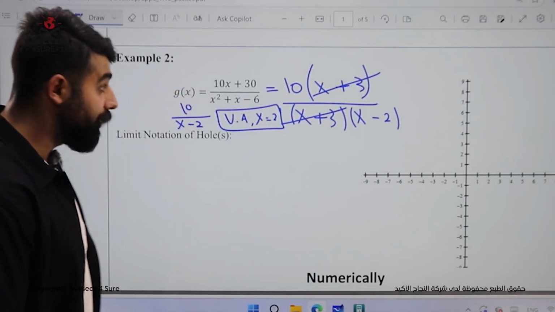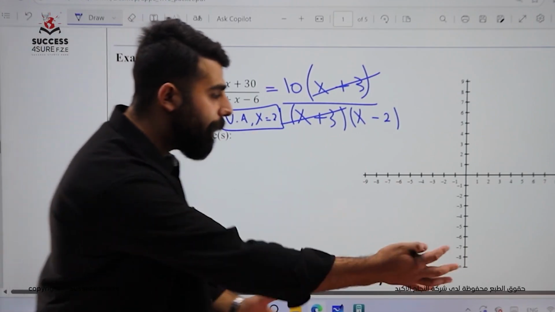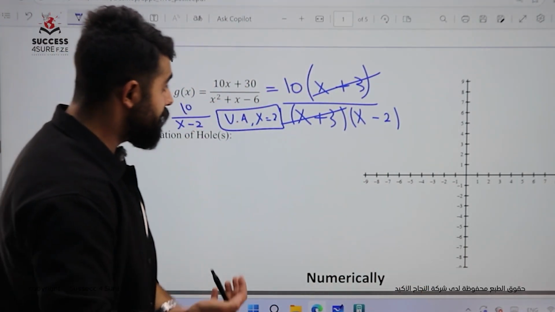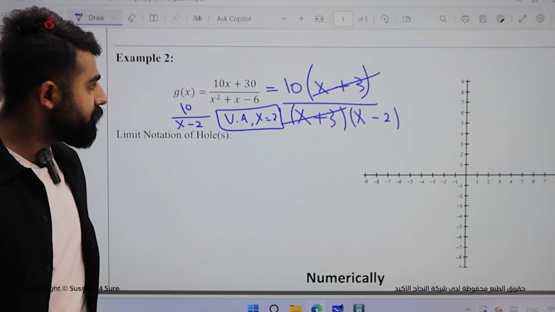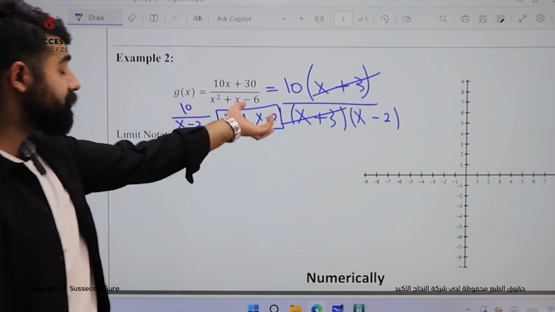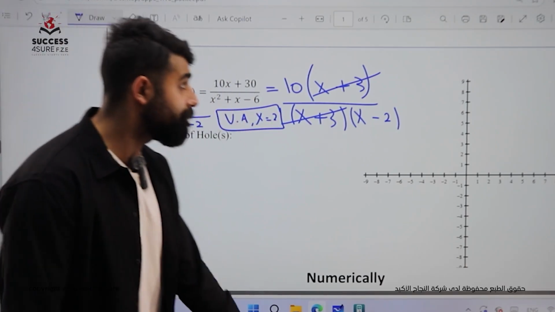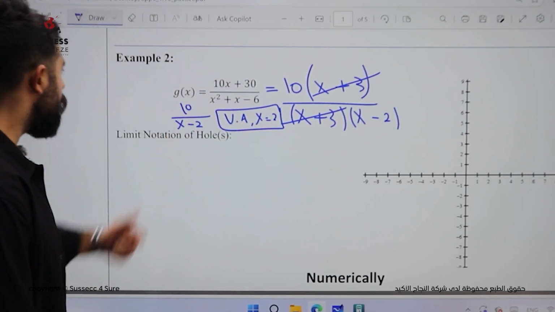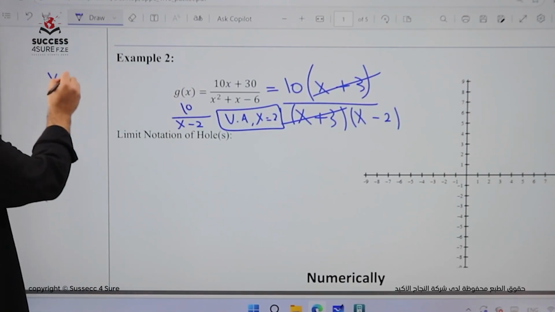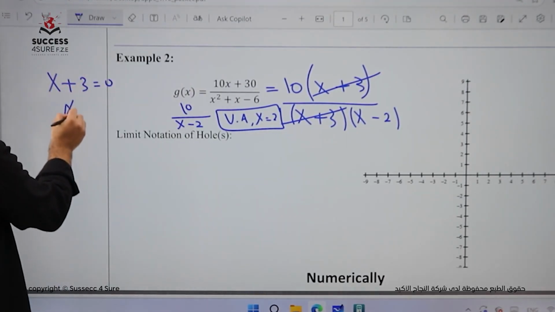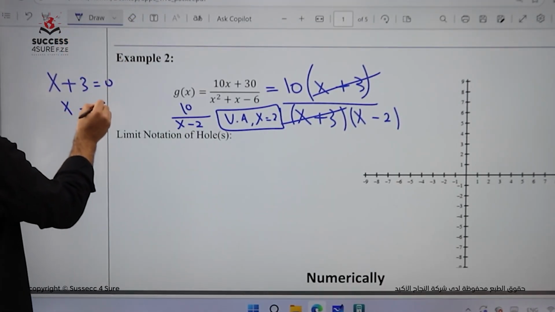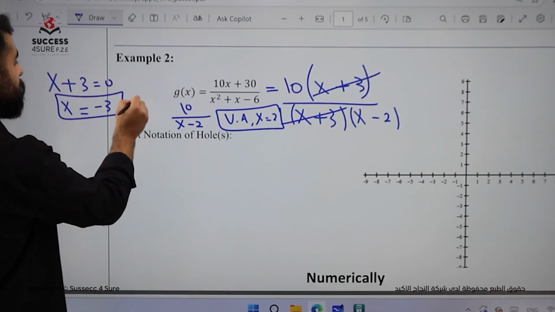Before cancellation, you would have a vertical asymptote, but because of the cancellation, there is no vertical asymptote at x equals -3. So what do we have? We have a hole. The hole for this function is when x plus 3 equals 0, which means x equals -3.